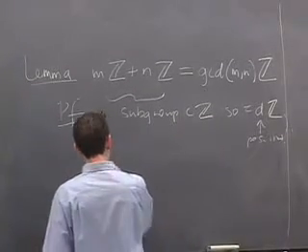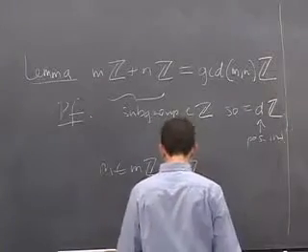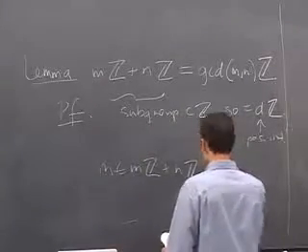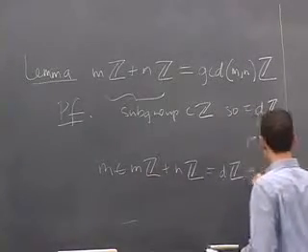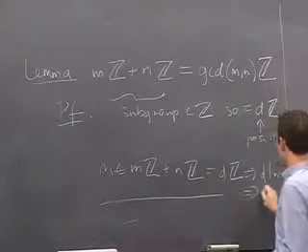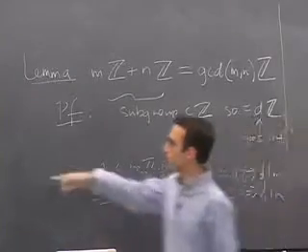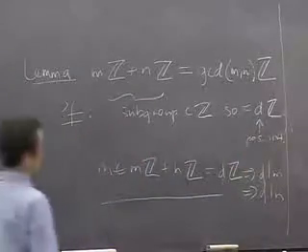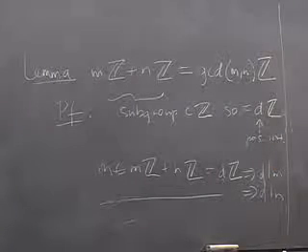Now, since m is in mZ plus nZ, which is exactly dZ, d certainly divides m. Same argument, d divides n. So the first part of the characterizing property is verified.